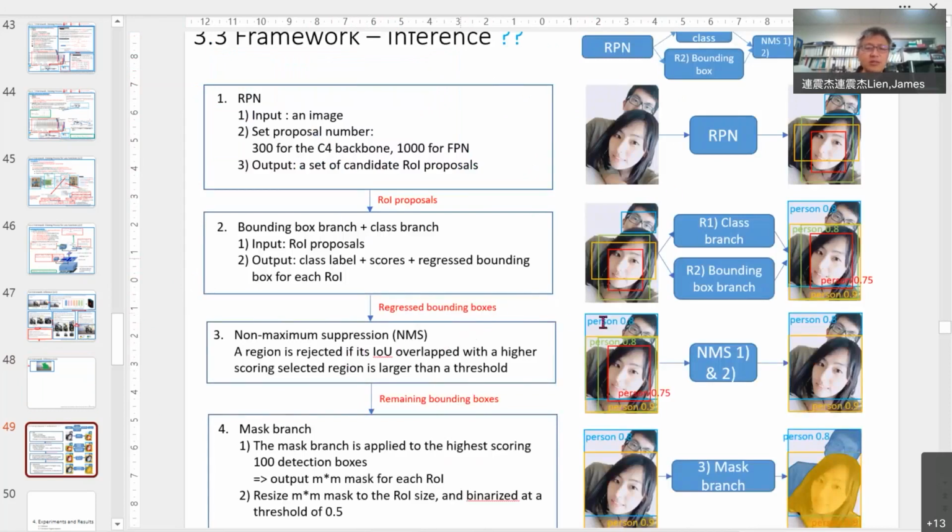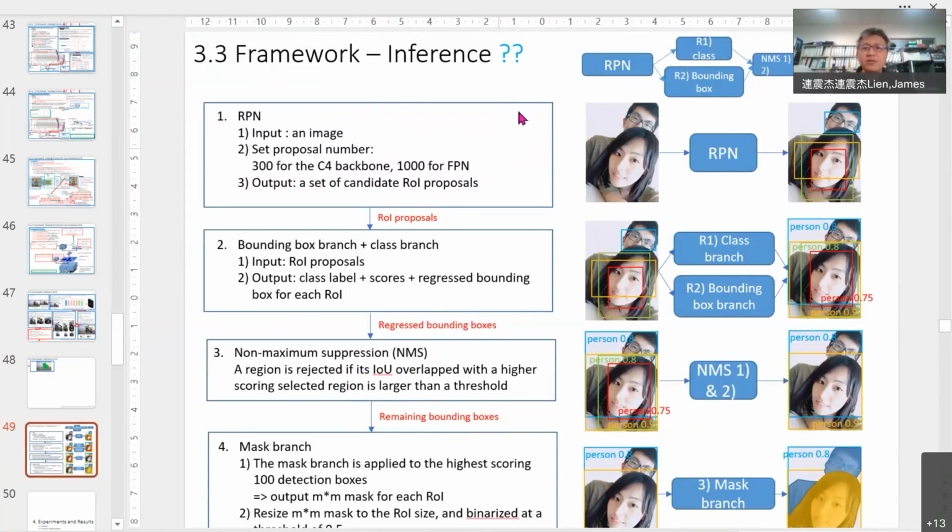And this is just the same example for the inference. Just for the region proposal, you got a result. However, based on the target, you have many overlaps. Then you do the fine tuning.